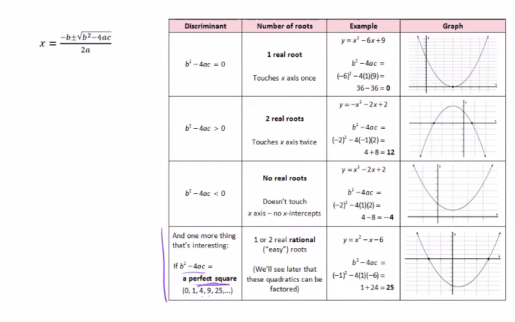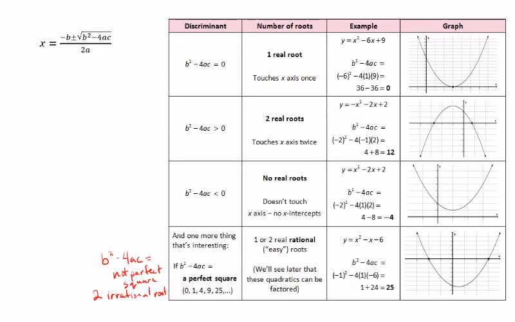If b squared minus 4ac is not a perfect square, then that means we're going to get irrational roots, 2 irrational roots.